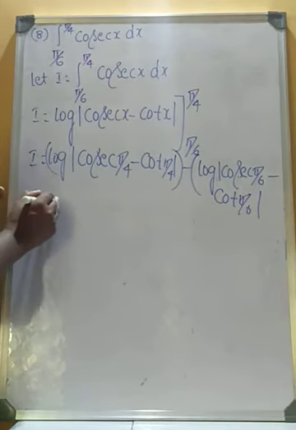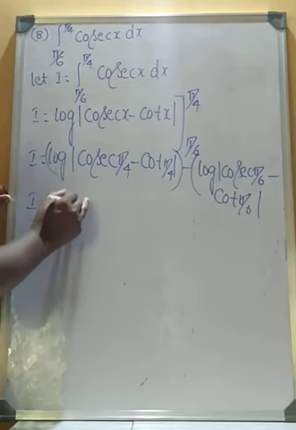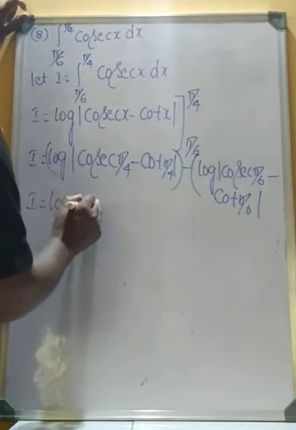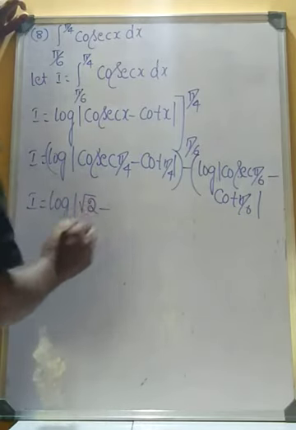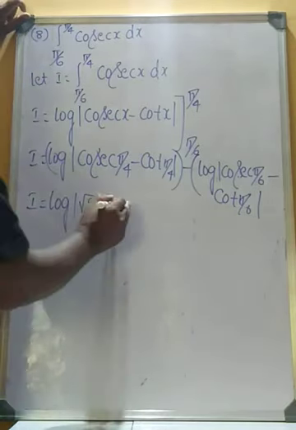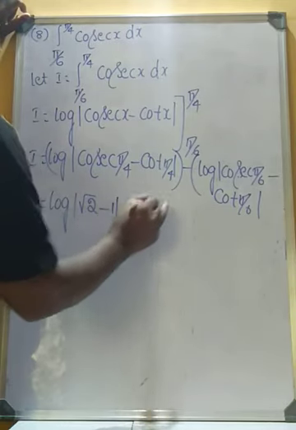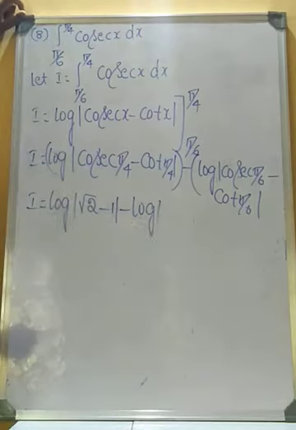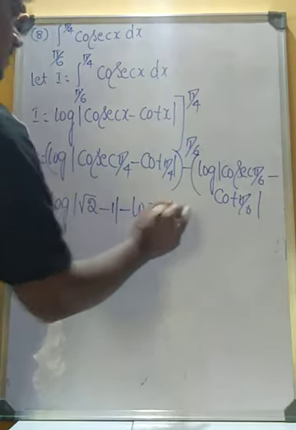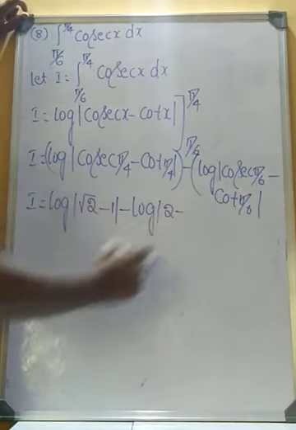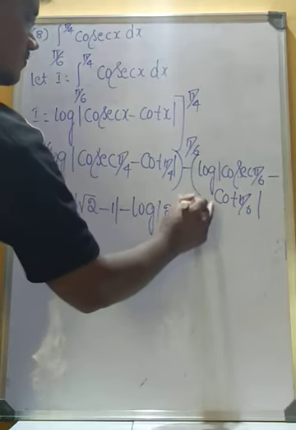I is equal to log cosecant pi by 4, cosecant 45 degree, that is root 2, minus cot 45 degree is 1, minus log of cosecant 30 degree, that is 2, minus cot 30 degree, it is root 3.